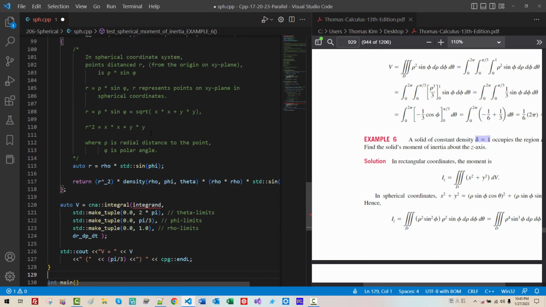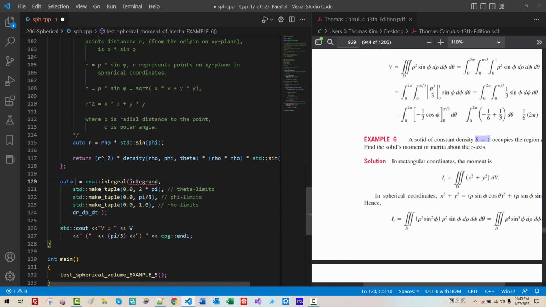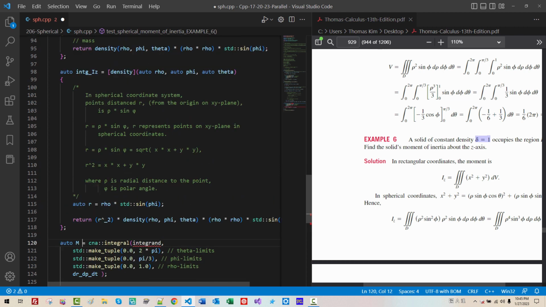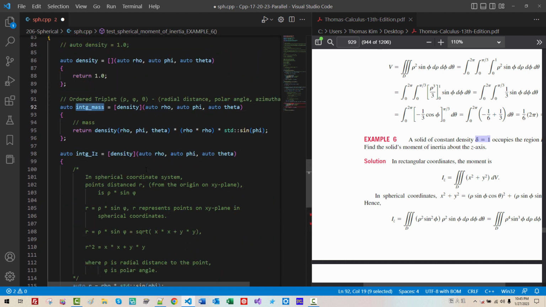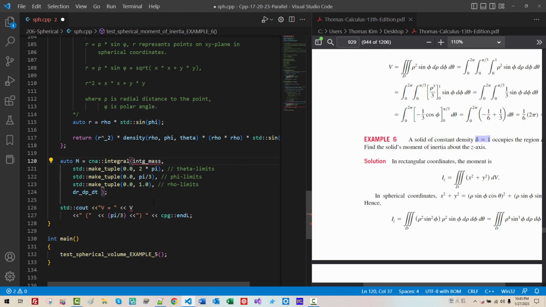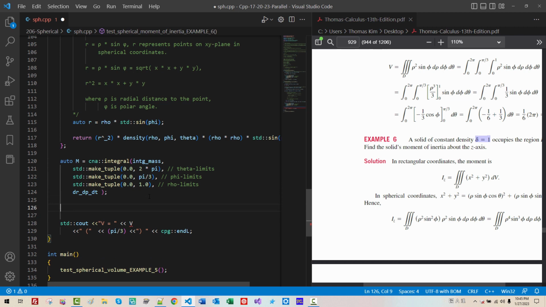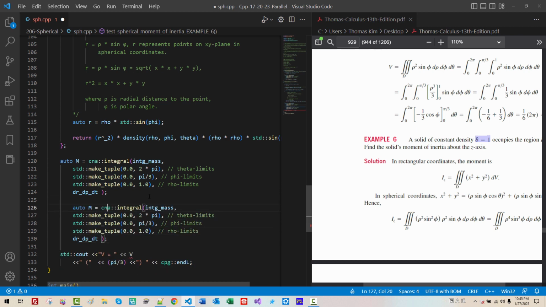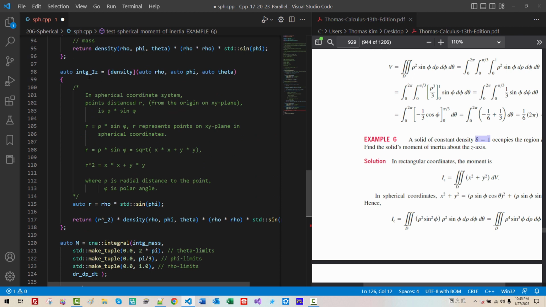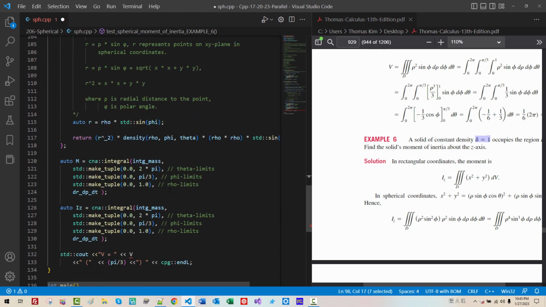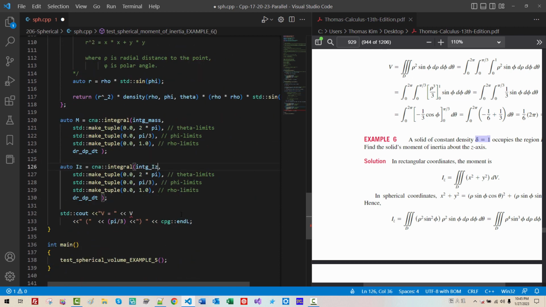Now here, this is the mass integrand. Copy this integrand, paste it here. We say I_z, and we pass this integrand here.